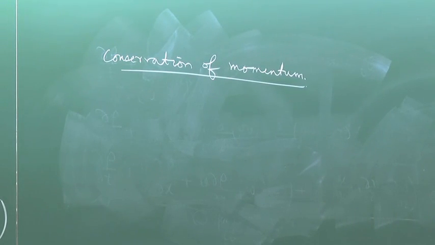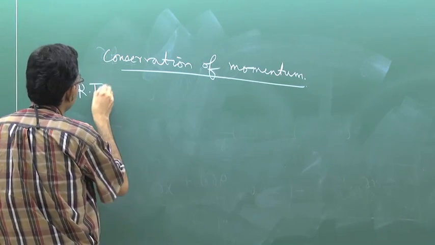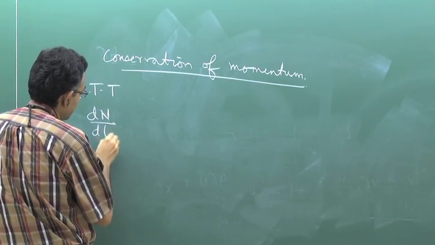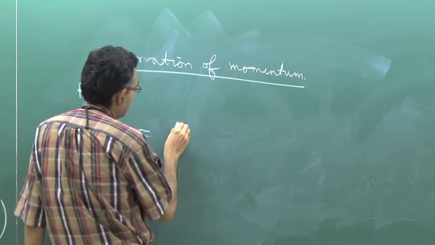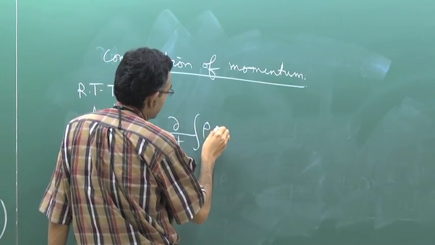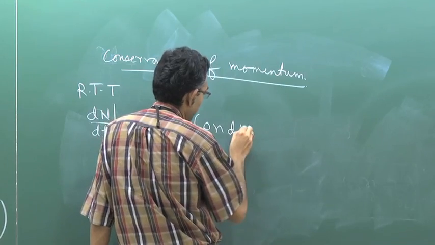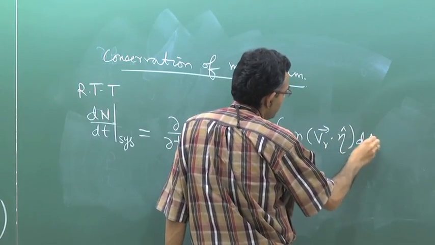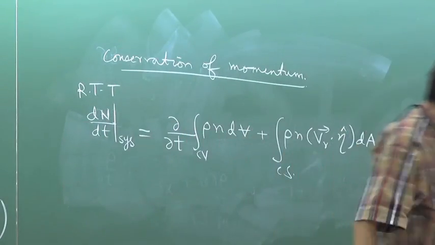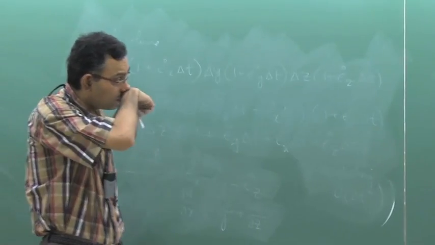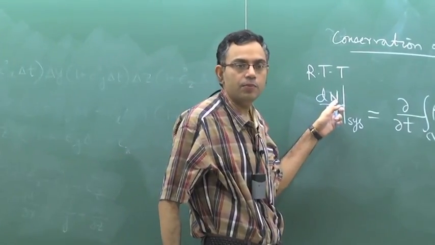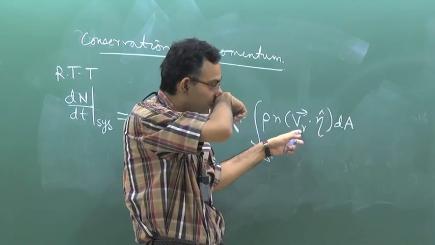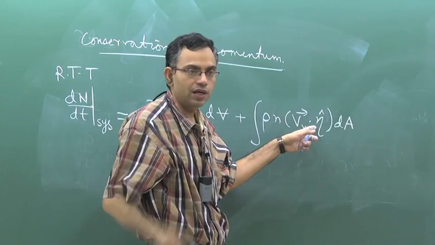So we will start with the Reynolds transport theorem. If you recall, this capital N is an extensive property of the system, small n is capital N per unit mass, Vr is the velocity of the fluid relative to the control volume, and eta is the unit vector outward normal to the control surface.